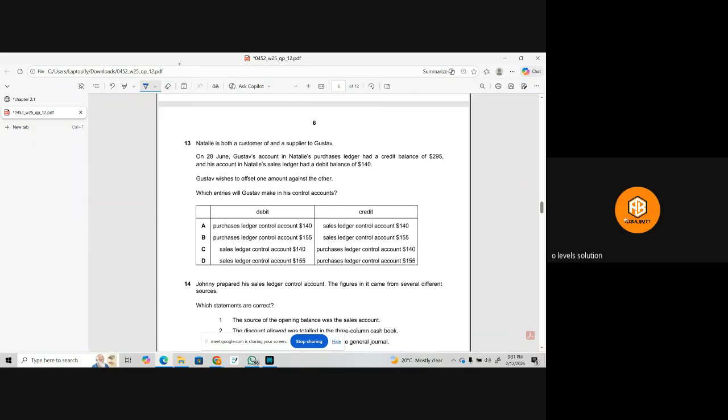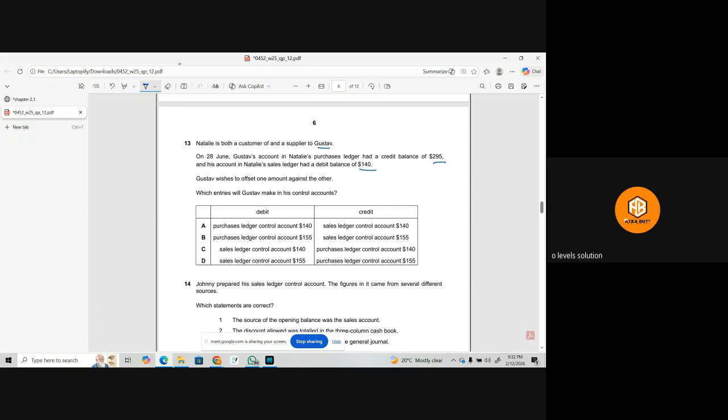Okay. Now question number 13. Natalia is both a customer of and a supplier of Gustav. On 20th June, Gustav's account in Natalia's purchase ledger had a credit balance of 295, and his account in Natalia's sales ledger had a debit balance of 140.